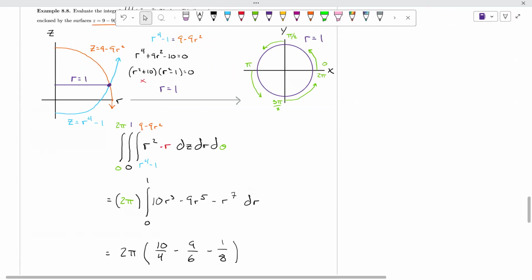Not to get too lost in what we're doing. One of the points that I think is nice about cylindrical coordinates, and we'll see roughly the same thing when we do spherical coordinates, is the actual integration tends to be pretty easy as long as you're comfortable with trigonometry. So again, review the unit circle.